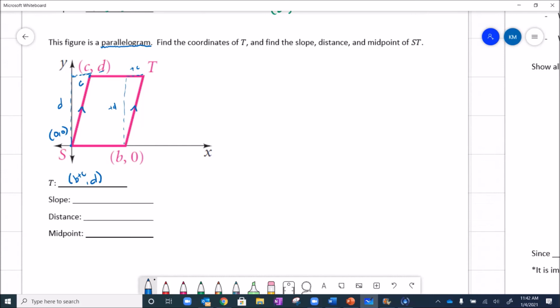There's no way for us to condense or simplify that any further. So we just say this coordinate then is B plus C, D.